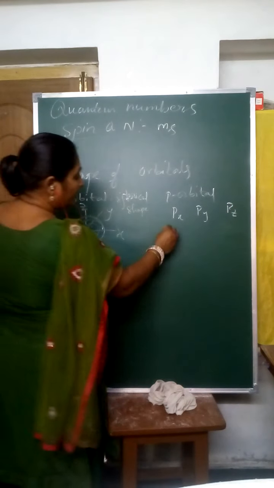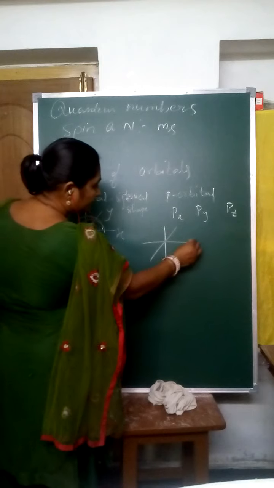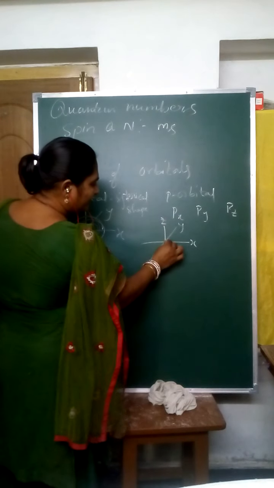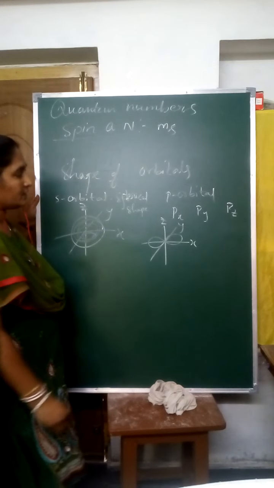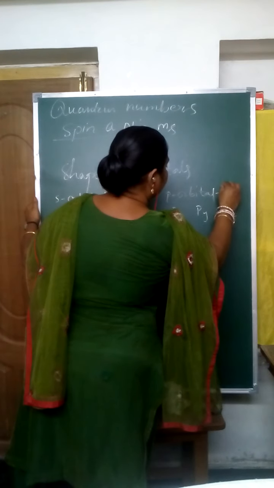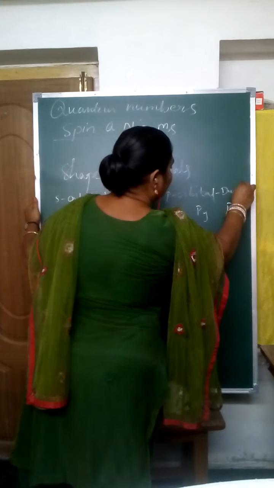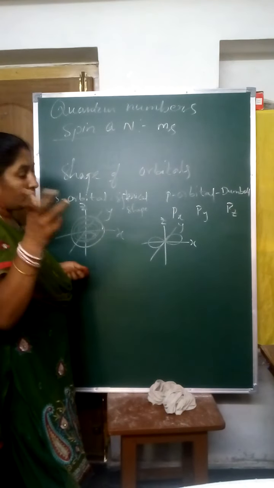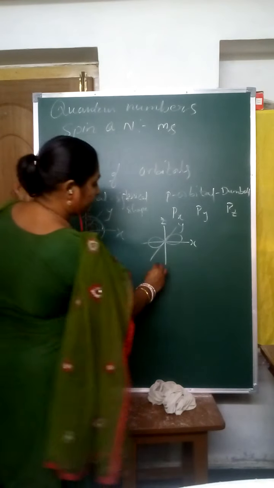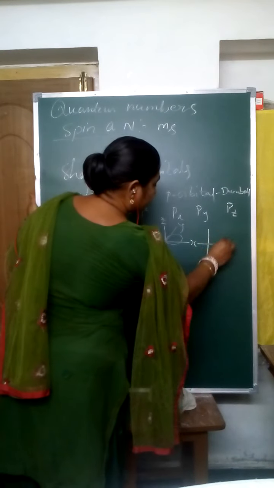Then for px we are drawing x, y, z. Very simply we draw like this. Dumbbell. The p orbital shape is dumbbell, like a damaruka drum. This is the px.